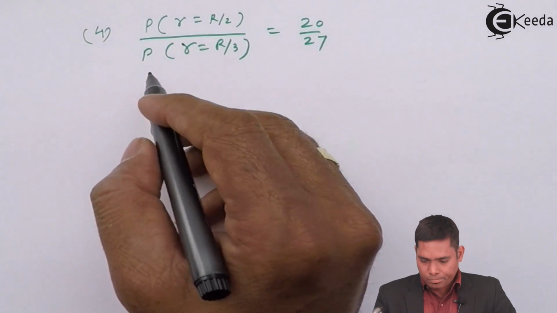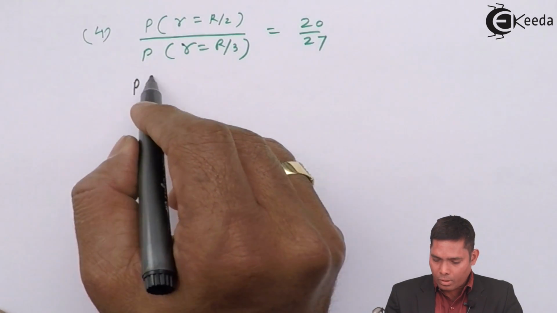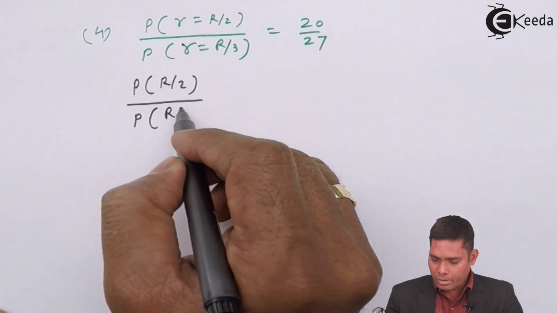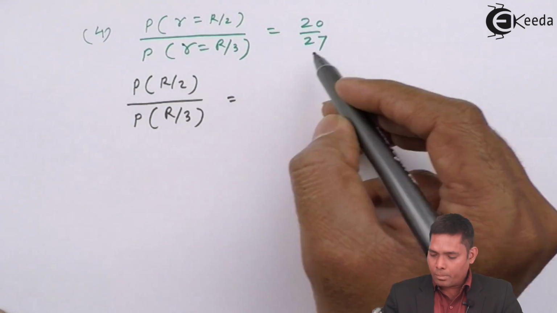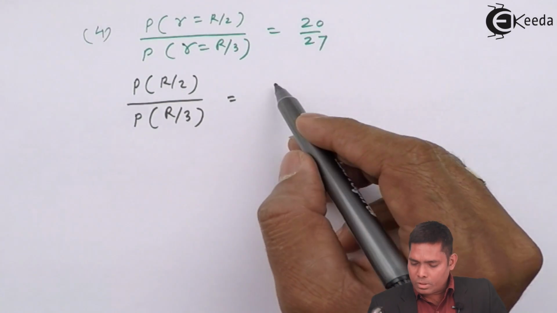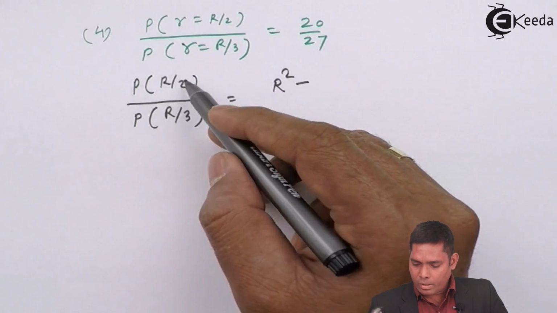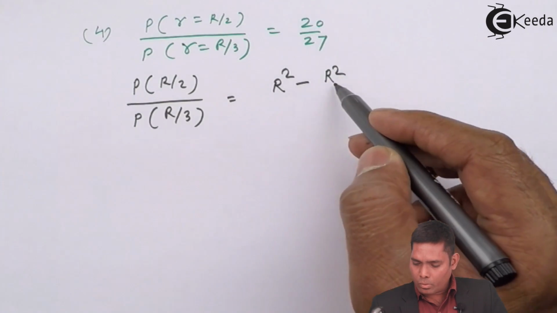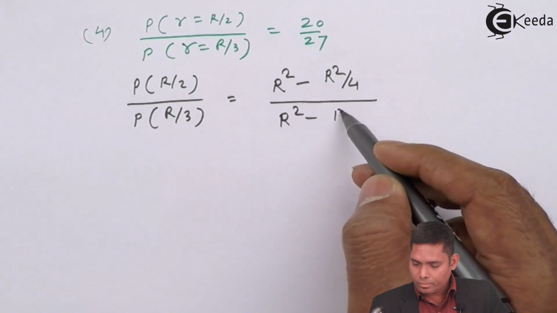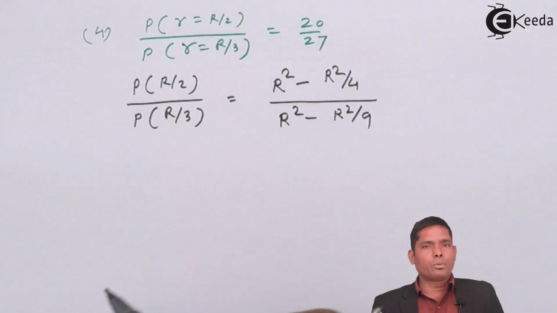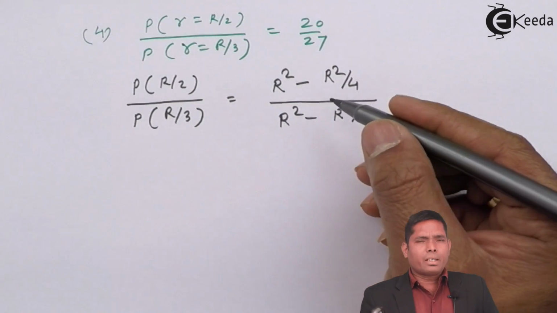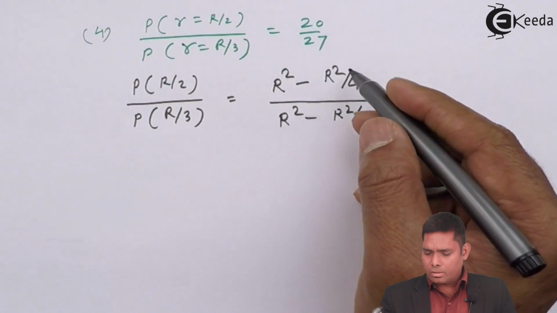So P of R by 2 divided by P of R by 3 is proportional to R square minus r square as usual. So it is R square minus R square by 4, divided by, similarly you put these values, and then R square can be cancelled by taking common.